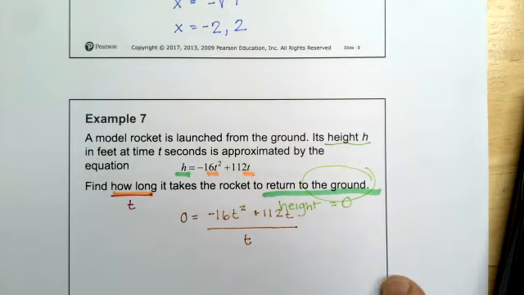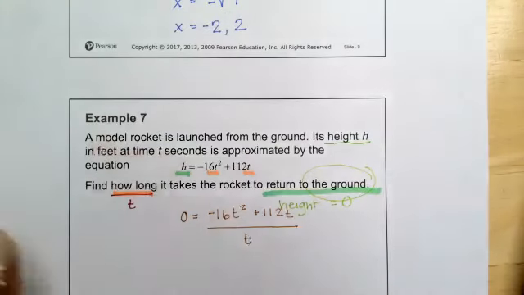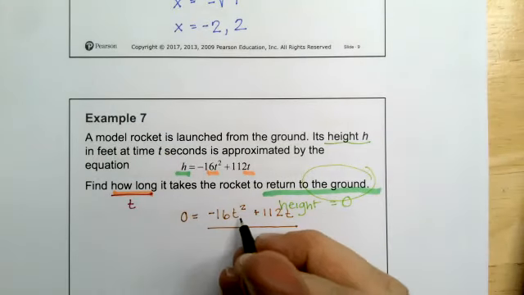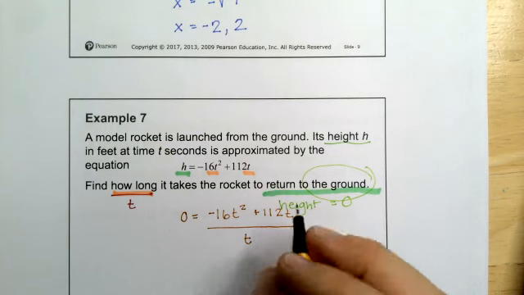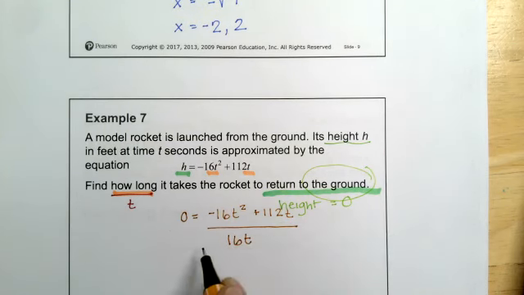-16 and 112. Can we take 112 and divide it by 16? Oh, you can. It's 7. Good. So -16t squared and 112t, you can factor them both by 16. You can either make it a -16 or a +16.